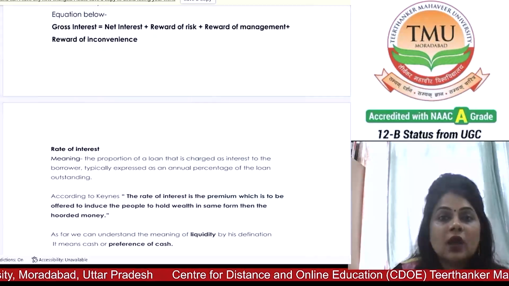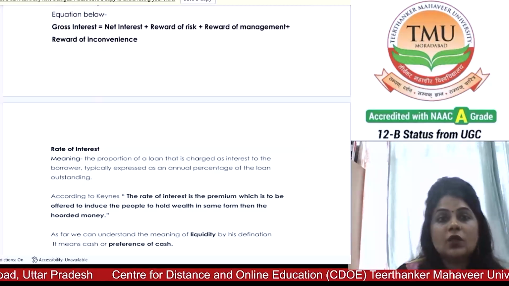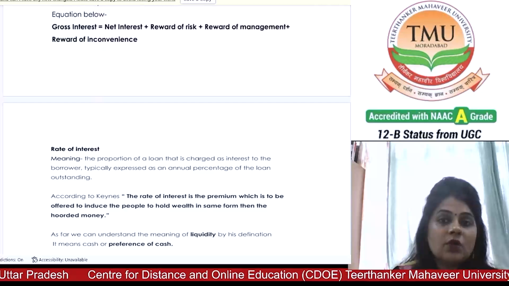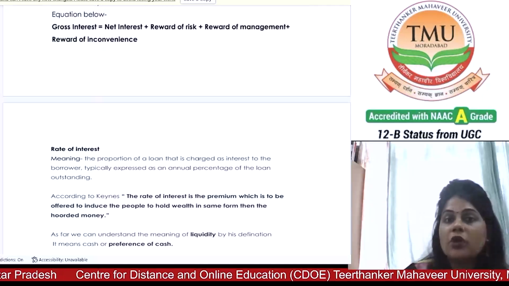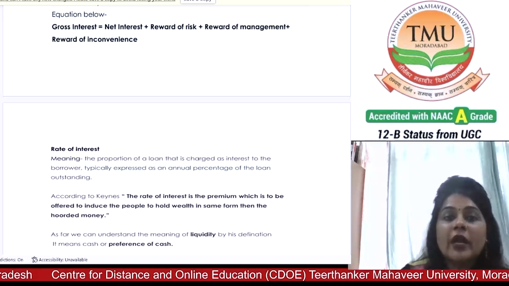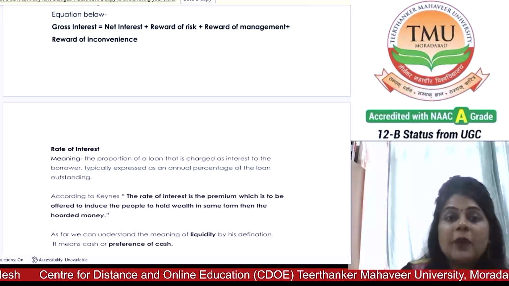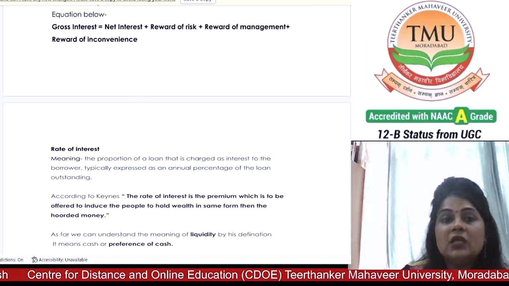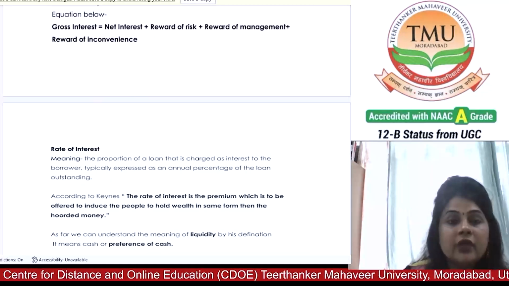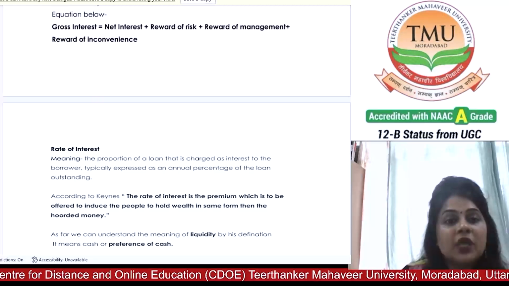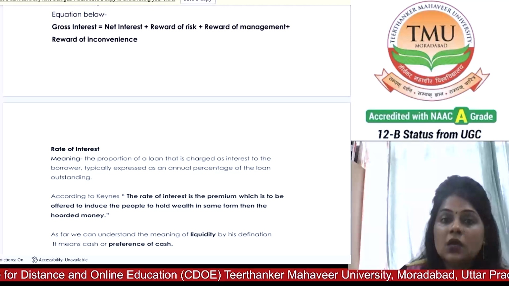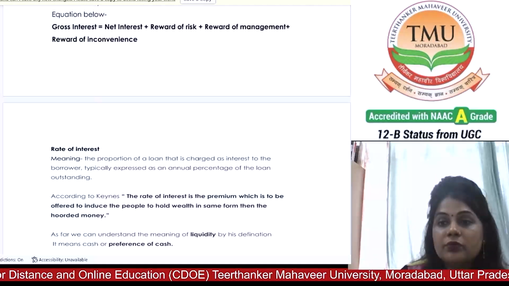According to this theory, interest is the price of the service of money. Interest is a monetary phenomenon because it is determined by the demand for and supply of money. Supply of money depends upon money in circulation and bank deposits in our country. Demand for money is made in order to hold it in liquid form.